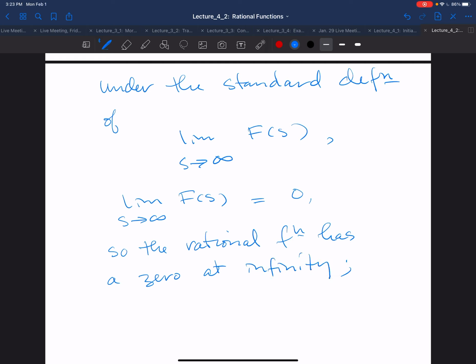And in fact, if you make the denominator into the numerator and the numerator into the denominator, by the same token, its reciprocal has a pole at infinity. But we won't have to worry about zeros and poles at infinity.